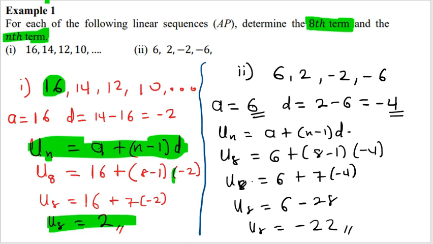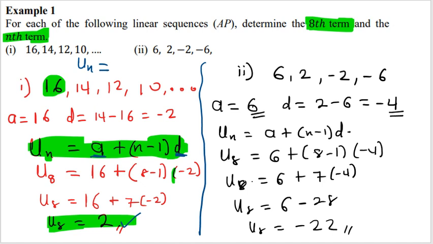Now, the question says we should also find the nth term. So the general nth term is going to be... find the 8th term and the nth term. Okay, so it means that even here, I was supposed to find the nth term. So now that we know our 8th term, if I want to find the nth term, I substitute the values of A and D into the formula. So UN is going to be equal to, what is my A?